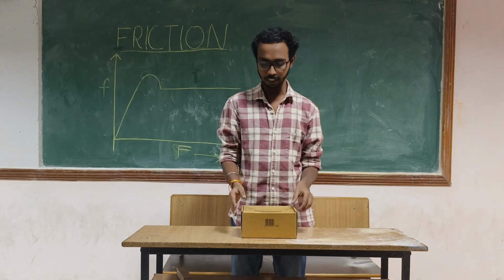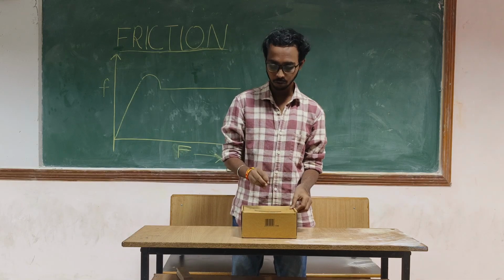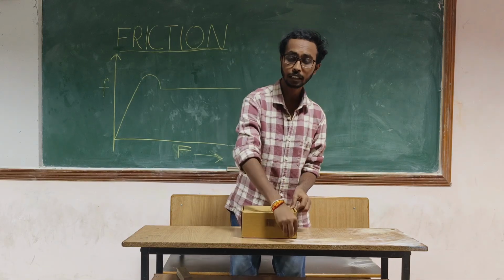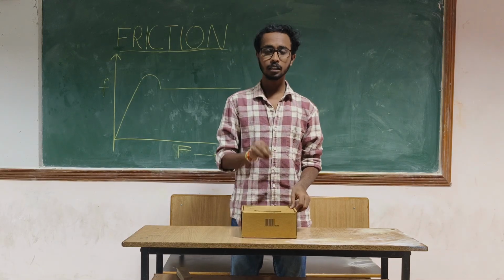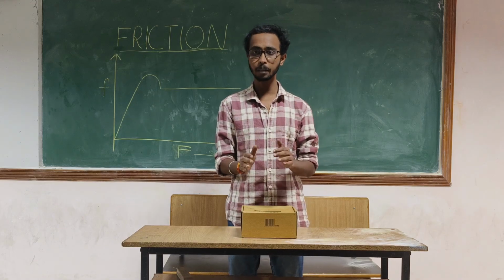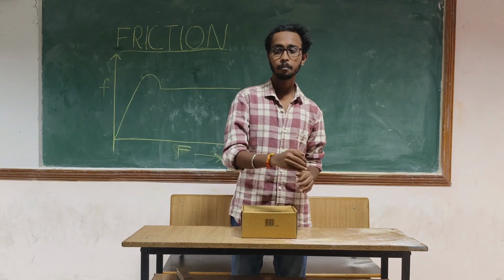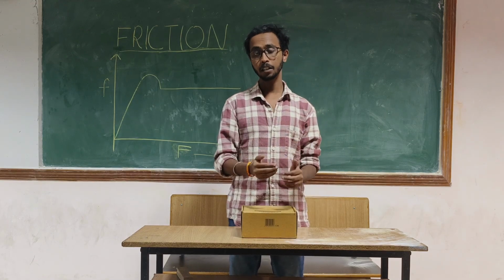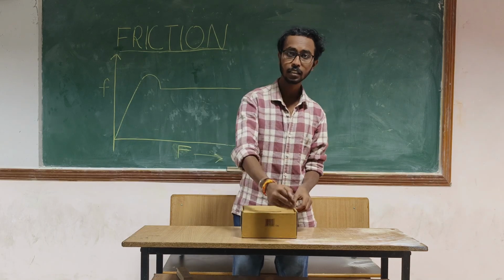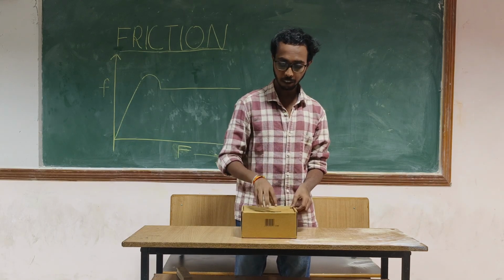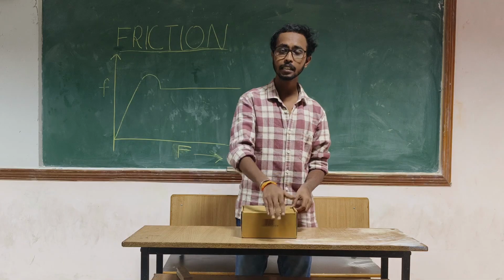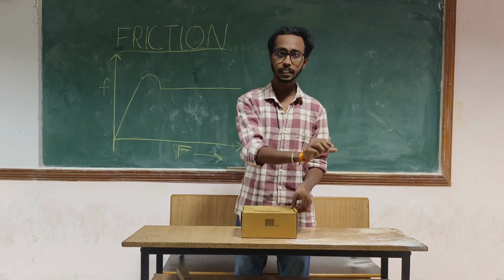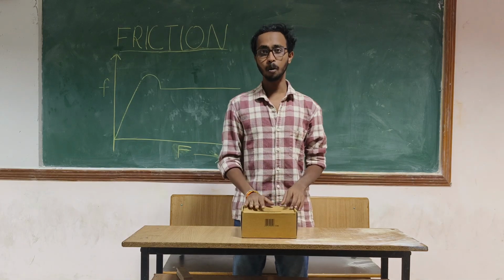Now let's understand, is there any friction force that is applied by the table on the box? We know that there is a friction applied by the box on the table. But do we know if there is a friction which is acting by the table on the box? Yes, there is a friction force acting by the table on the box.